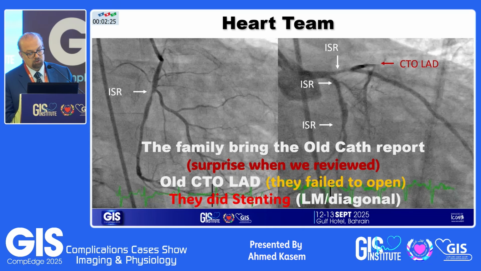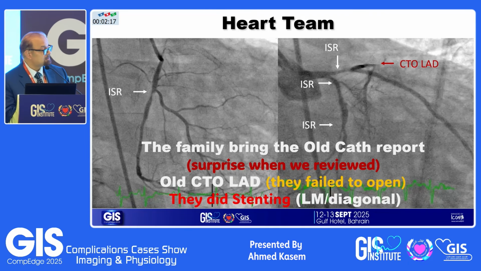And here I should stop and mention a very important statement Dr. Kasem mentioned earlier this morning about the inherent bias of some people. When this case was referred from a small hospital to another hospital, the operator, after failing to open this CTO, did not inform the family, and he insisted and continued with left main PCI to the diagonal and made the issue complicated for this patient.